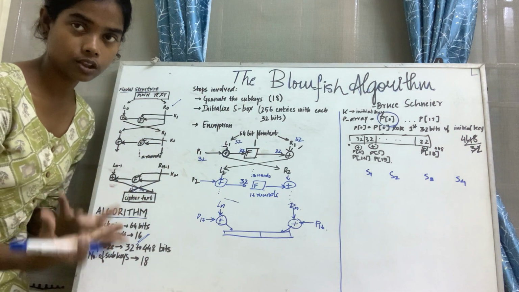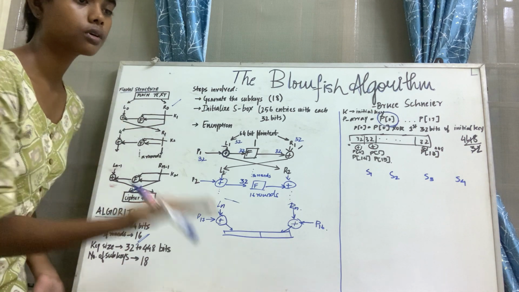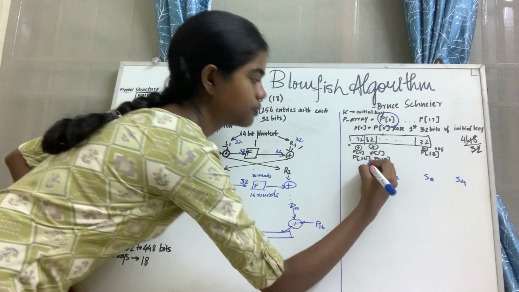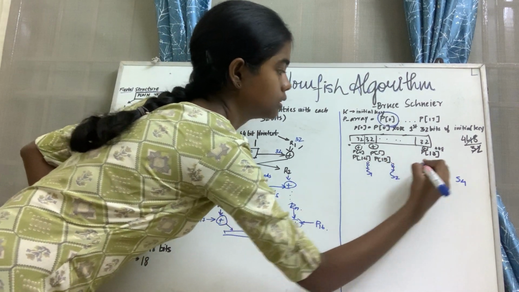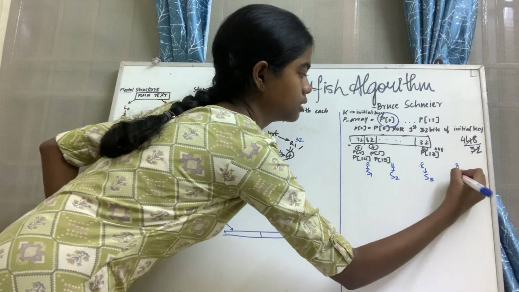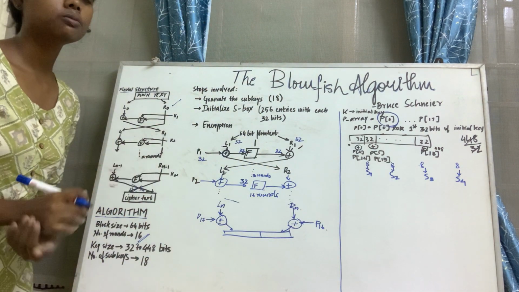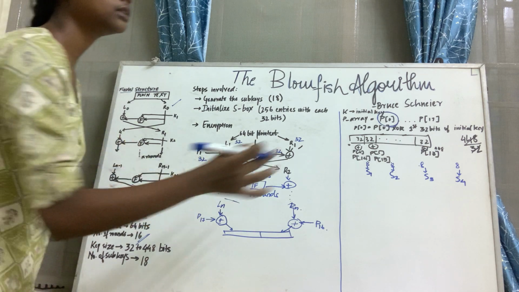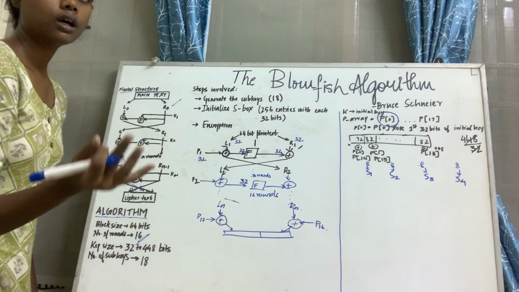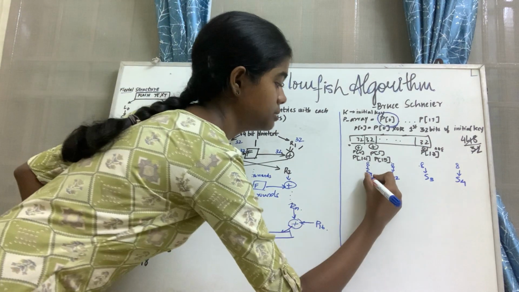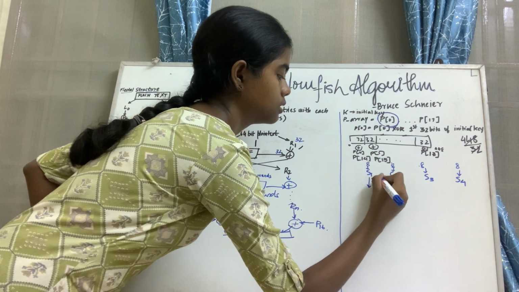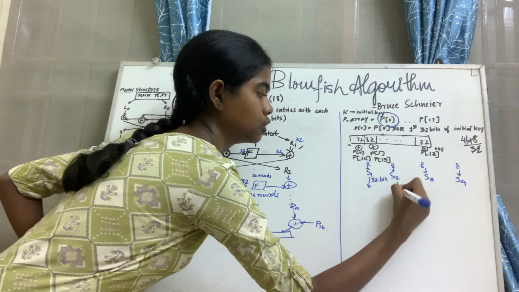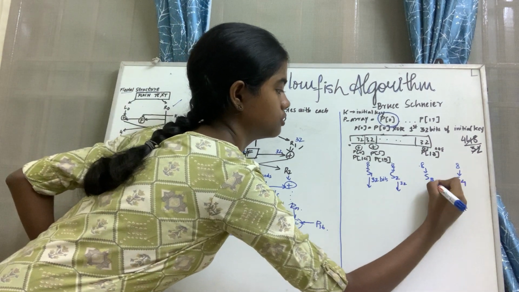We will be splitting the 32 bits into 4 parts of 8, 8, 8, 8 bits. As I have mentioned before, a substitution box will substitute these 8 bits into something else. In this case, we will be substituting it into 32 bits using its S boxes. So we get a 32-bit output for each of these S boxes.